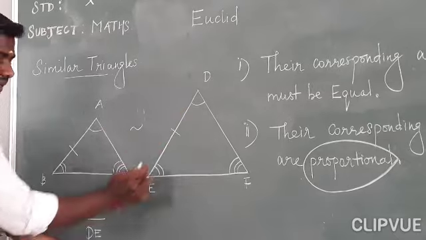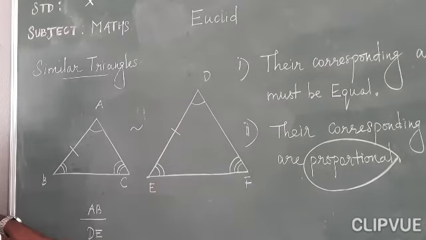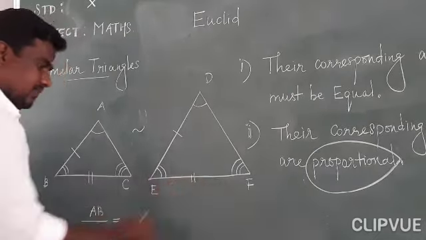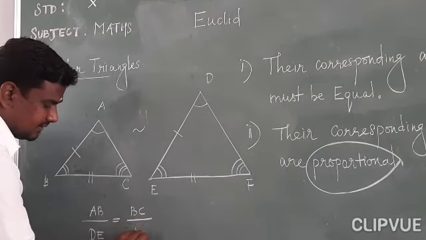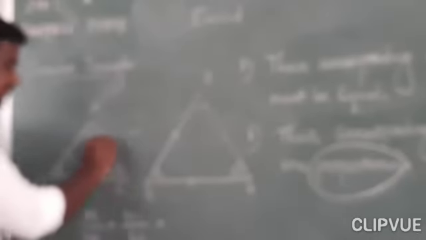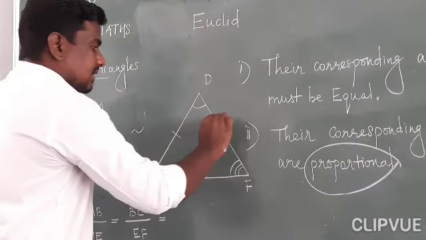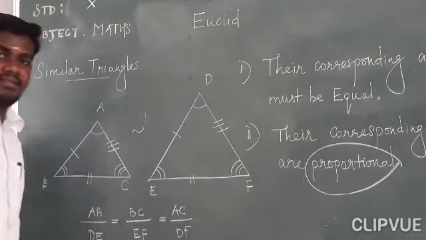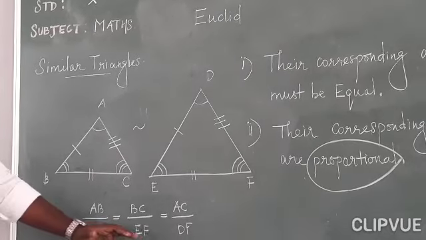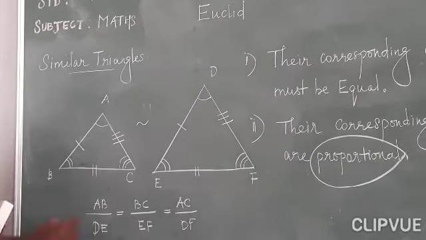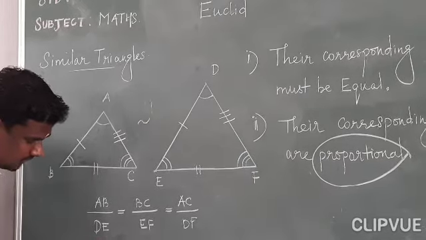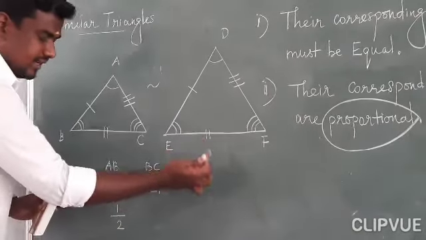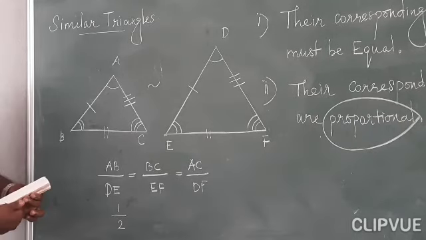Then BC corresponds to EF, so BC by EF, which is equal to the third one, AC corresponds to DF. If AB by DE results in 1 by 2, then the value of BC by EF and AC by DF must also be 1 by 2. That is the meaning.